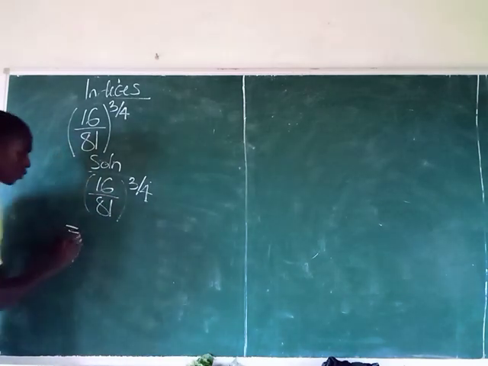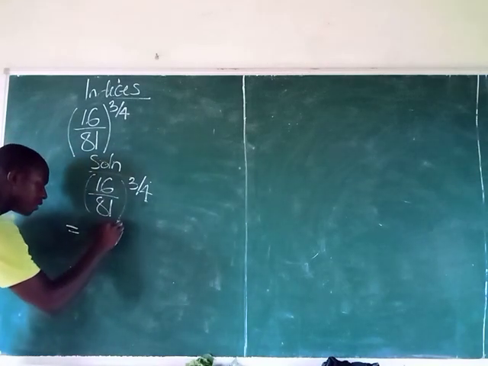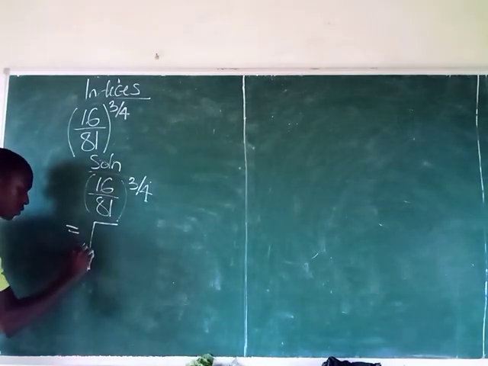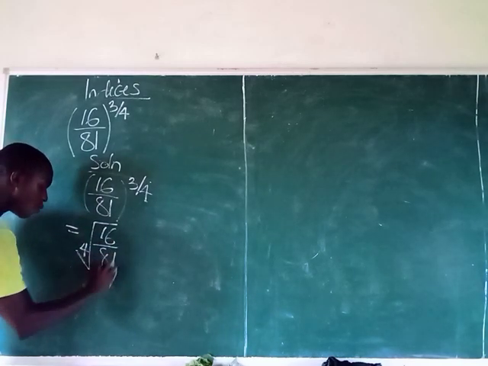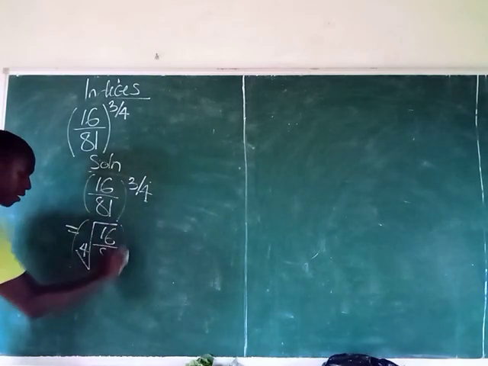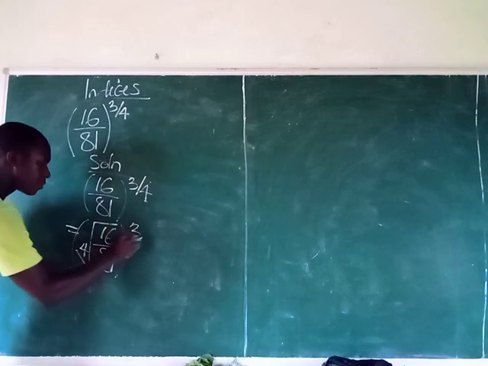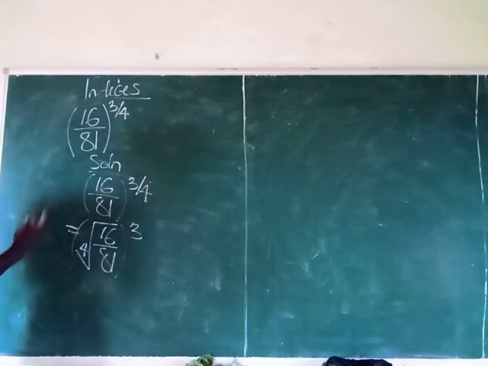So in essence, we have the fourth root of 16 over 81, all in brackets, raised to the power of 3. Can you see that?